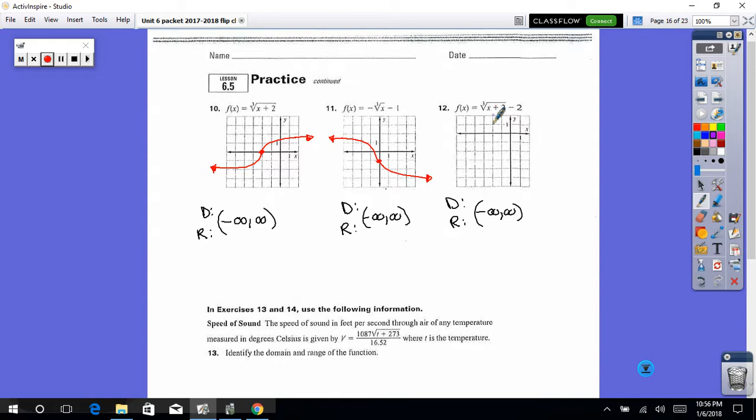Okay, and for the final cubed root function, left 2, down 2. No flipping, so starting low, ending high.